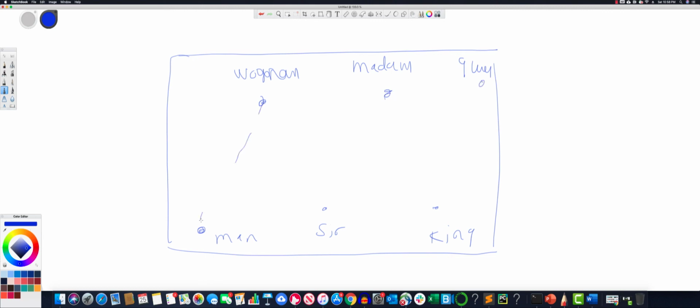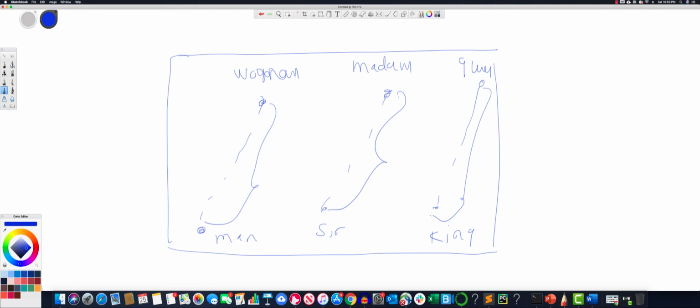So the interesting property that we observe with the vectors is, for example, the distance of man from woman will be approximately the same as the distance between sir and madam, and king and queen, right? That's an interesting property.